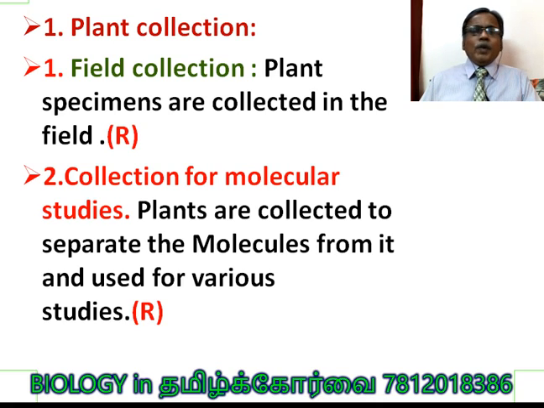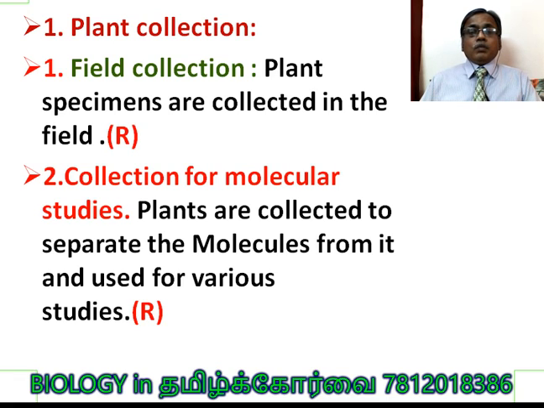There are so many molecular studies going on with respect to plants because they consist of essential molecules which are very useful to human life. So, in order to separate the molecules from the plants, they are collected.